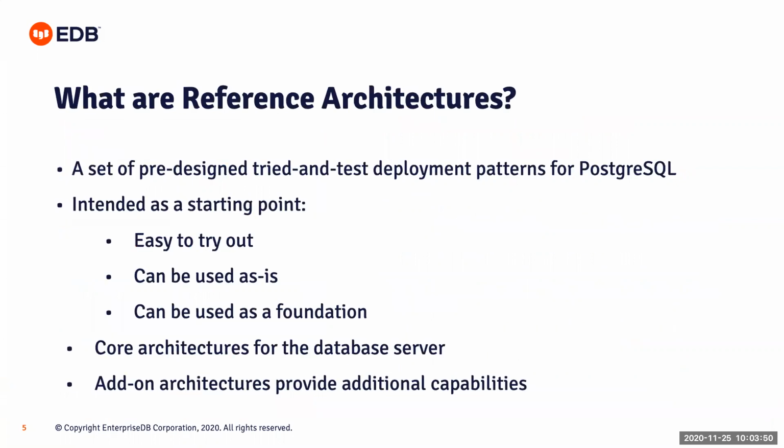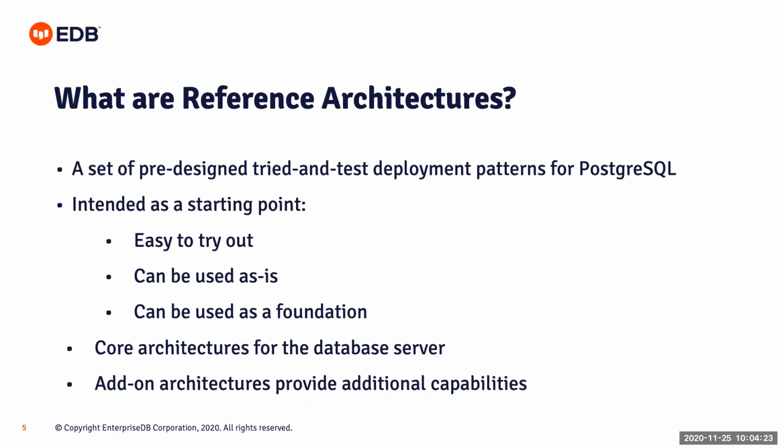So, reference architectures. In this presentation, what we call the reference architecture is kind of a building block. It is a way to build your entire application or your entire application architecture and understand each of those components in the architecture, and by doing so it's easier to understand the entire architecture.